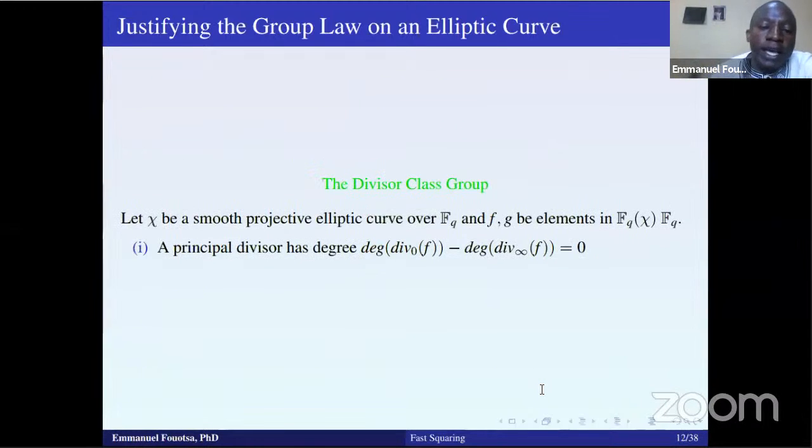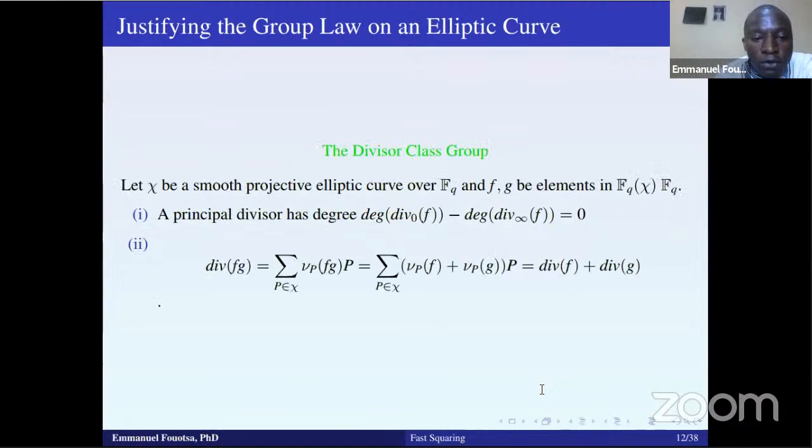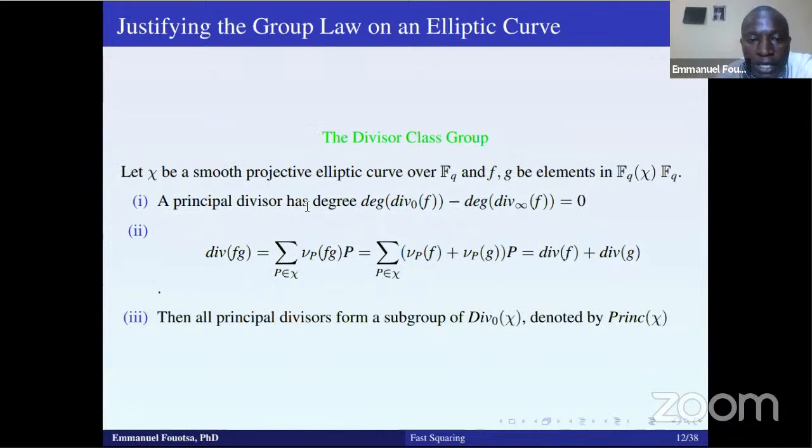If we take a smooth projective elliptic curve over a finite field, there are a few facts that we can recall. In particular, the divisor of a function has degree 0, and the divisor of the product of two functions is simply the sum of the divisors.